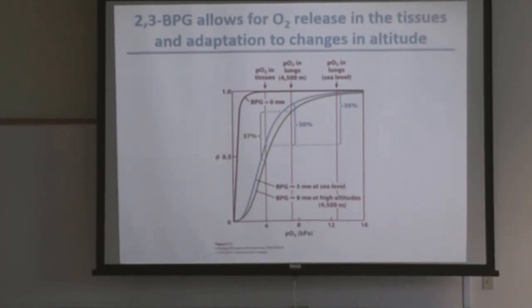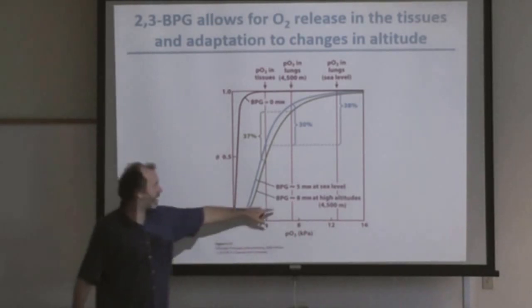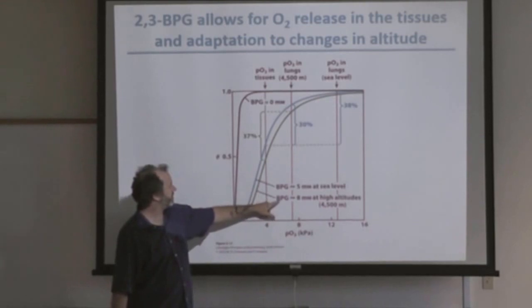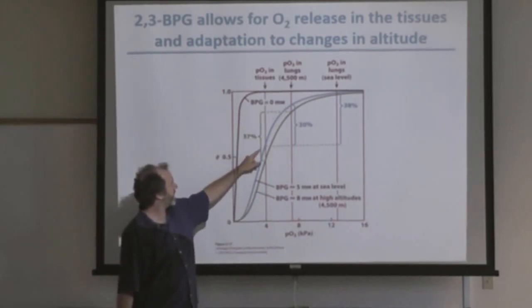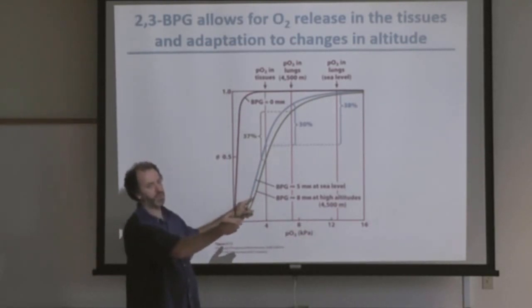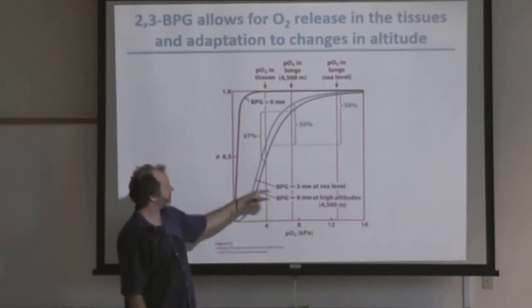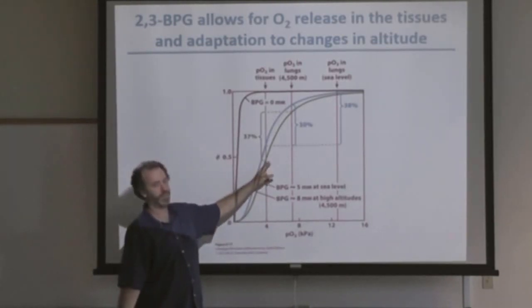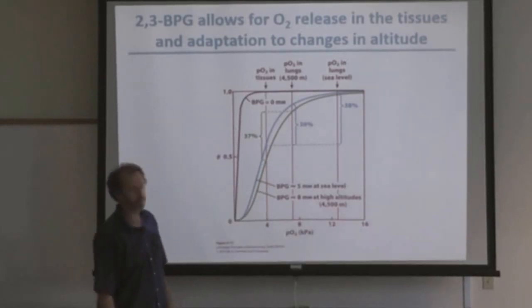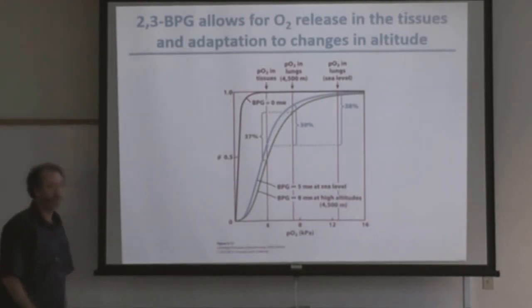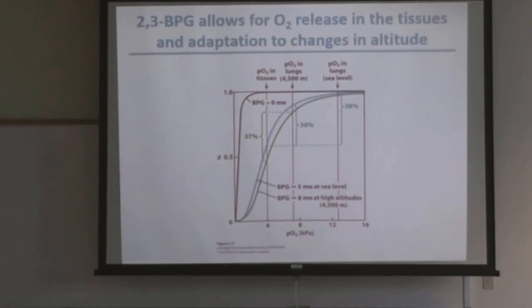So at higher altitudes, we end up with higher concentrations of 2,3-bisphosphoglycerate, which shifts that curve to the right. This is, again, your oxygen saturation curve, which lowers the affinity for oxygen. So you're going to be able to dump off more bound oxygen at the periphery with the 2,3-bisphosphoglycerate there.